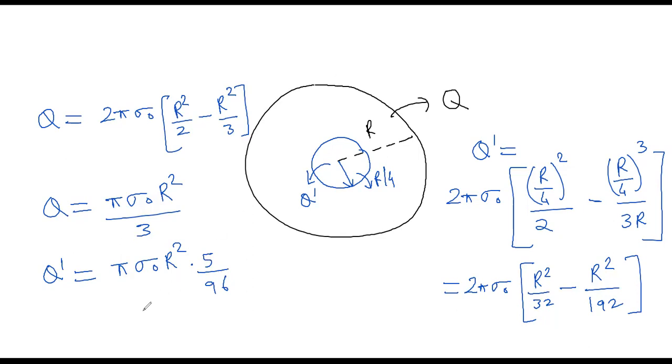Now Q by Q dash is equal to 1 by 3 into 5 multiplied by 96. So that will be 32 by 5, and this will be equal to 6.4.